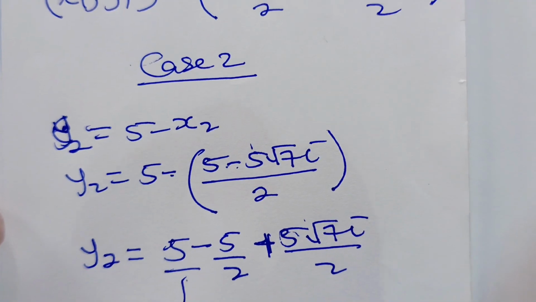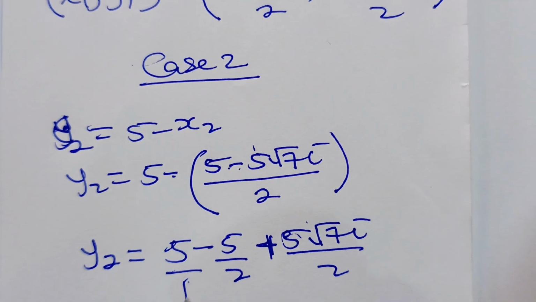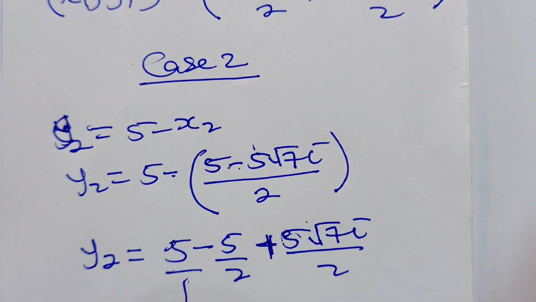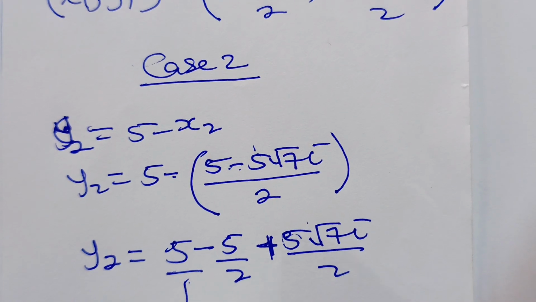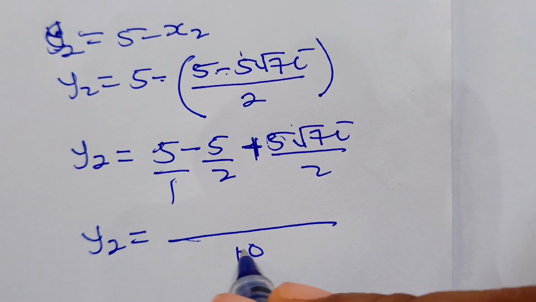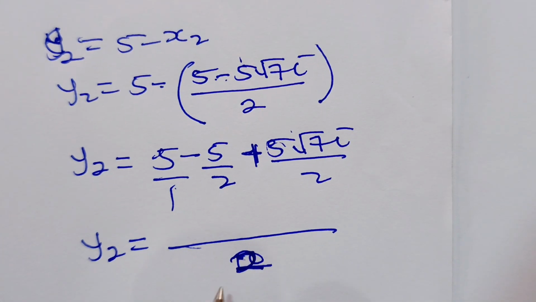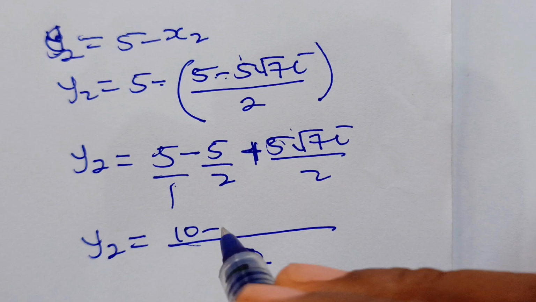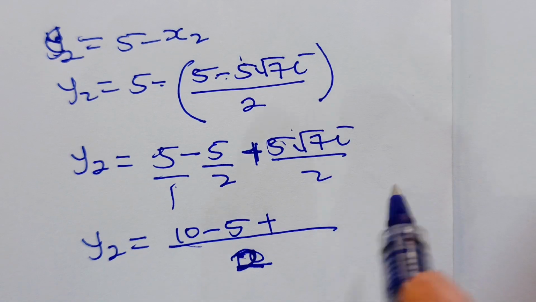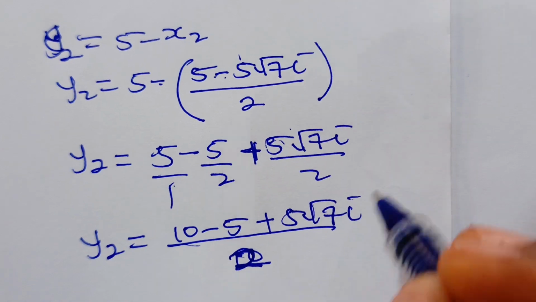This is over 1. Now y2 is going to be equal to, the LCM is, oh my god, the LCM is 2. I don't know where my mind is. Now when 1 divides 2 is 2, 2 times 5 is 10, minus when 2 divides 2 is 1, 1 times 5 is 5, plus when 2 divides 2 is 1, 1 times this is 5 root 7i.